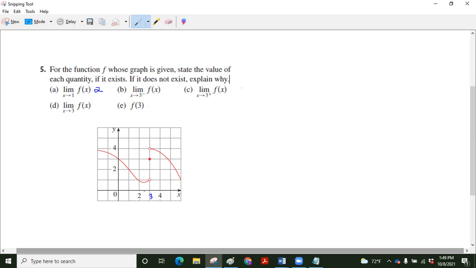So we're going to say that the limit as x approaches 3 from the left. So we're coming from this way, and we see that we're essentially approaching a value of 1. Just because it's undefined there doesn't mean the limit can't exist at that point. So as we come from this side, it corresponds with a y value of 1.